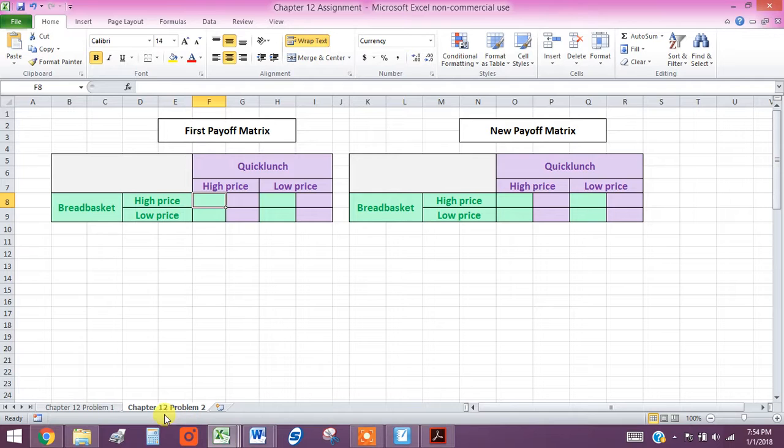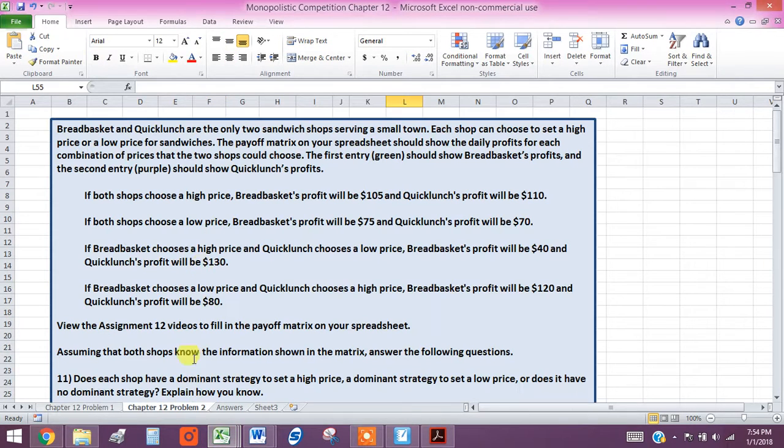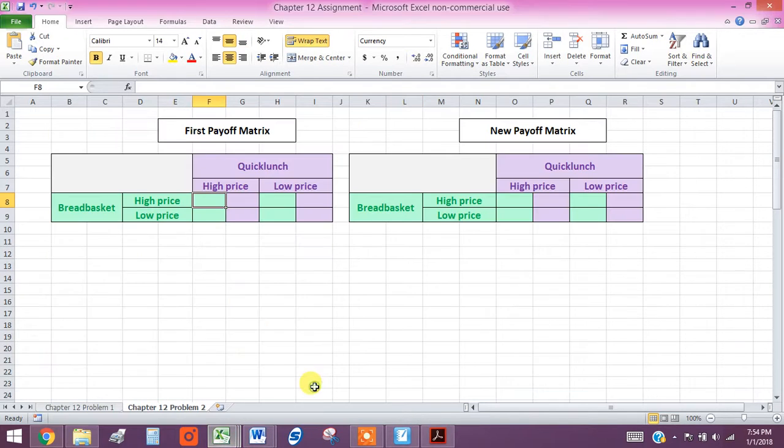Bread Basket is 105 and Quick Lunch is 110. So Bread Basket is here at 105, and Quick Lunch is here for their high price at 110. I've got these formatted for dollars, so you just need to type in the number. Okay, so that's if they both choose high.